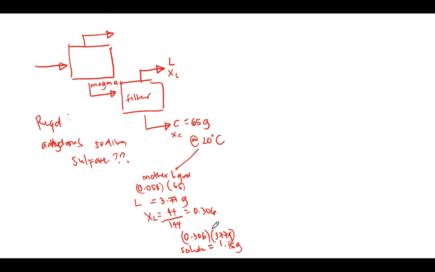So we have gotten the sodium sulfate in your mother liquor, 1.15 grams. But we're not yet done because we still have hydrous crystals, since it is sodium sulfate heptahydrate.